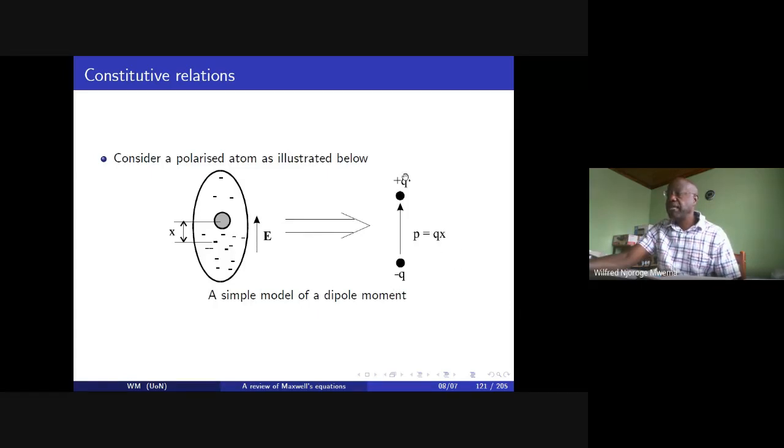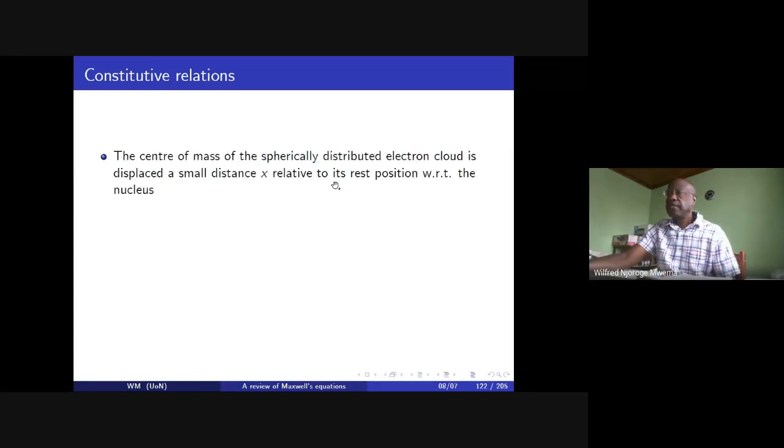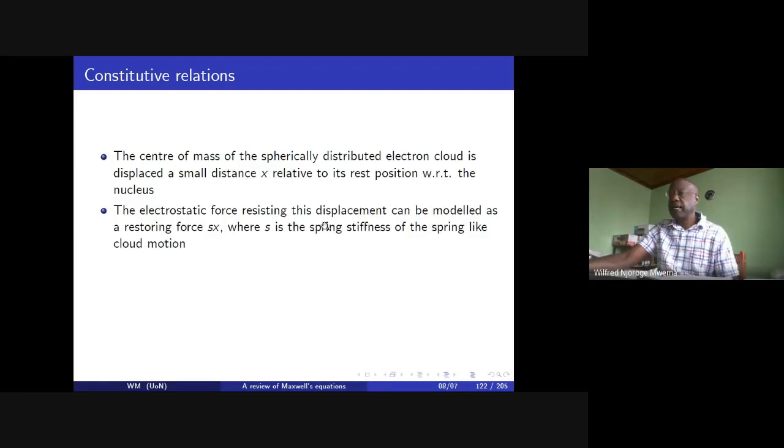And this can therefore be modeled as a positive charge and a negative total charge displaced by a distance x. And if we multiply the charge by the distance, we get what we call a dipole moment. So this is the dipole moment we are talking about when the material is polarized by application of an electric field. So the center of mass is displaced, as we have said, with respect to the nucleus. And therefore, the electrostatic force that will be opposing this displacement can be modeled using Hooke's law.